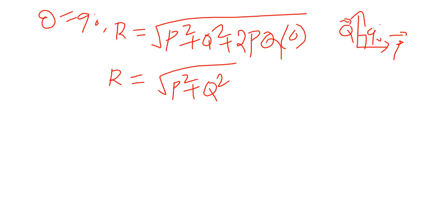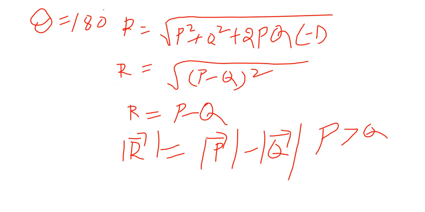Another case is when these two vectors are in opposite directions. The angle between them is 180 degrees. So the magnitude of this vector is P minus Q, or modulus of R bar is equal to modulus of P bar minus modulus of Q bar, and P is greater than Q.